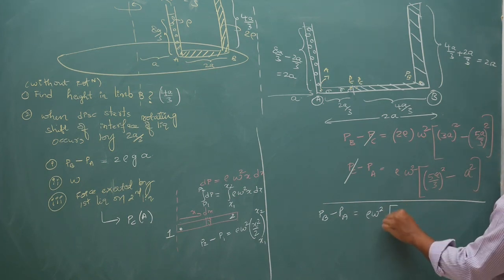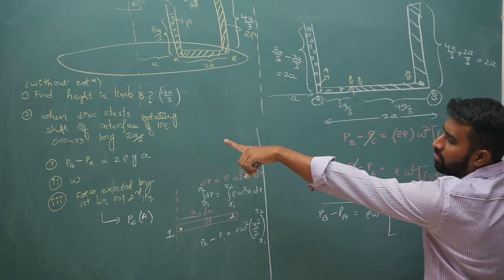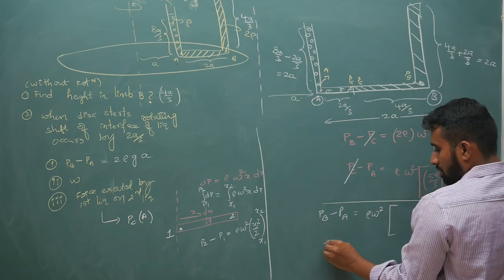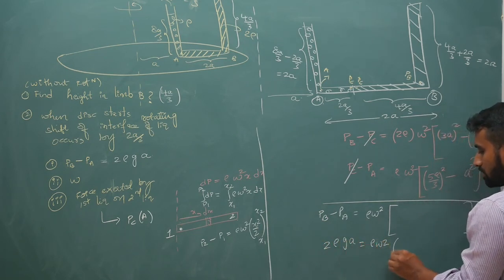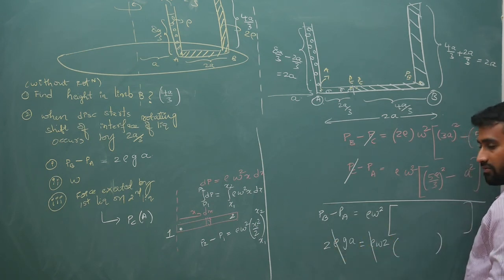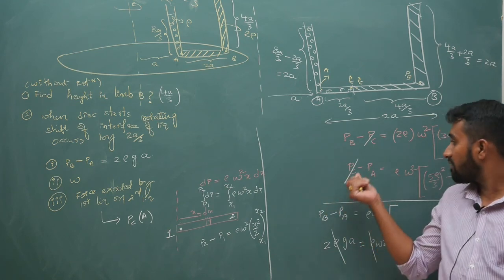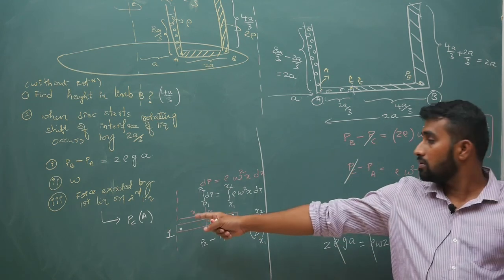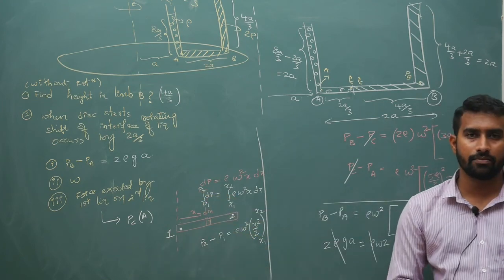You take rho omega square out and simplify. PB minus PA is 2 rho g a, which is equal to rho omega square into whatever term you get. Substitute, rho will cancel off, and you will get omega in terms of a and g, which gives you the final answer. And instead of adding like this, if you subtract you will get the common pressure, and your force is common pressure into area.